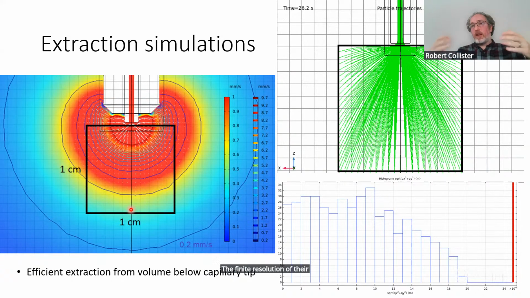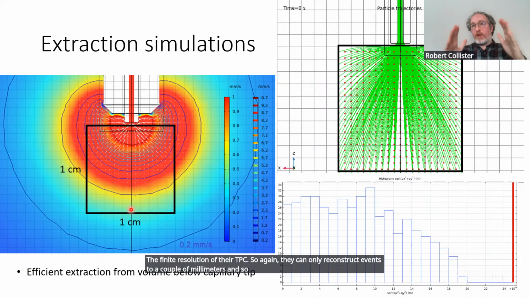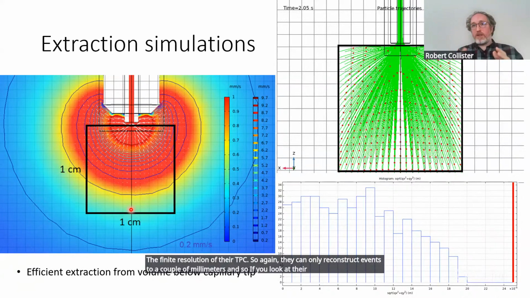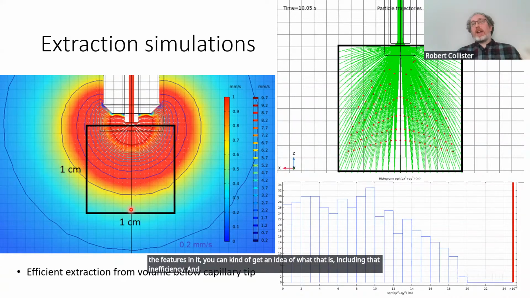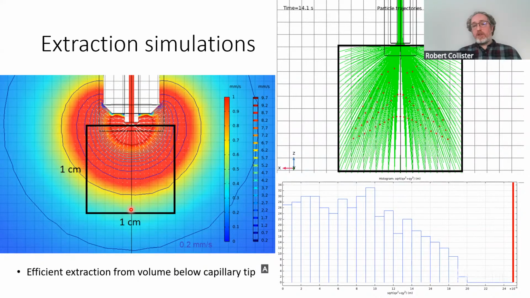They can only reconstruct events to a couple millimeters. So if you look at the broadness of the features in their plots, you can get an idea of what that is, including that inefficiency. From that, we say, okay, as long as we can live with a thermal drift of about 0.2 millimeters per second, then we're good to be able to get the ion out.